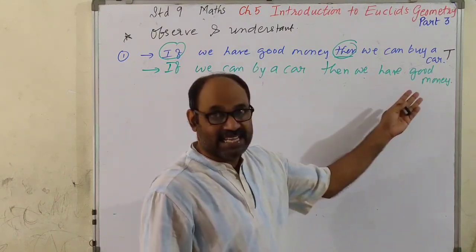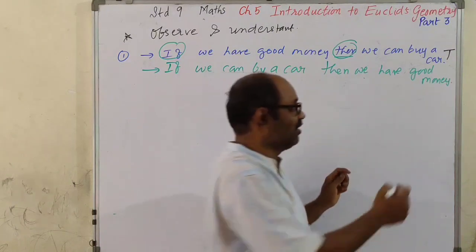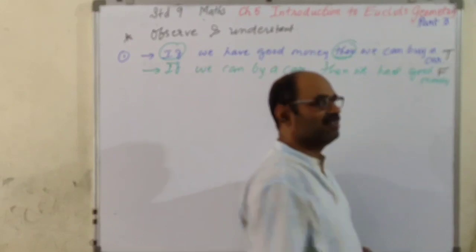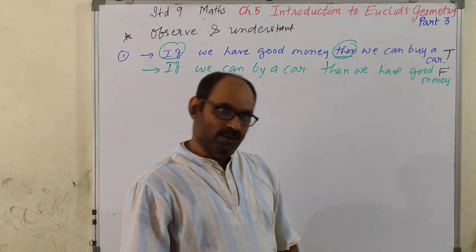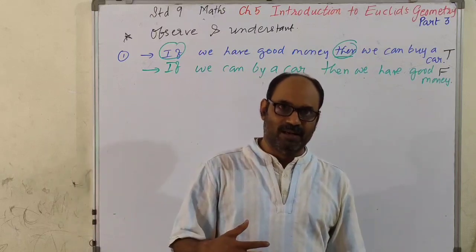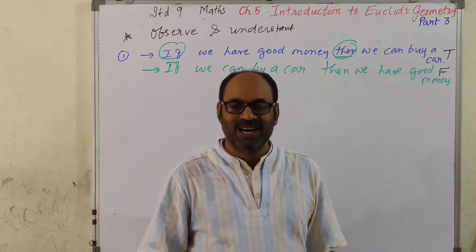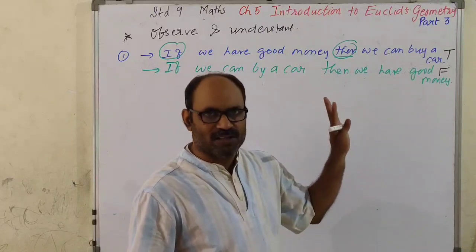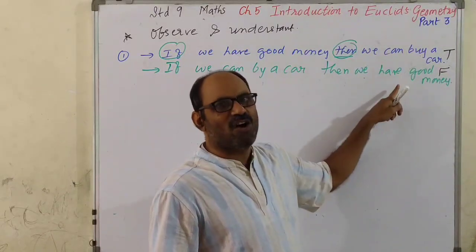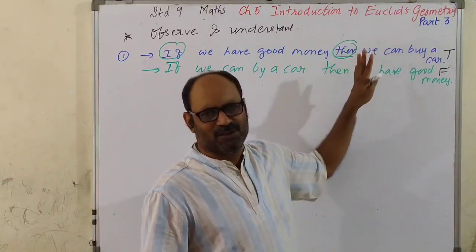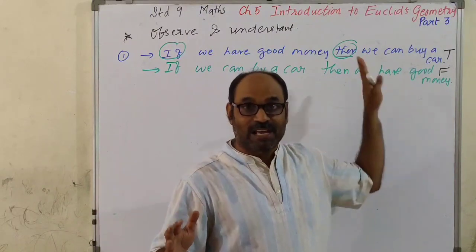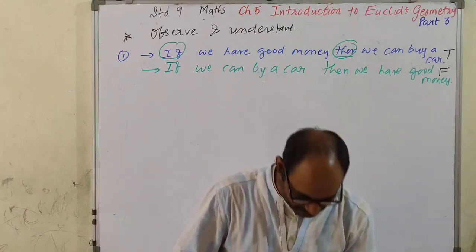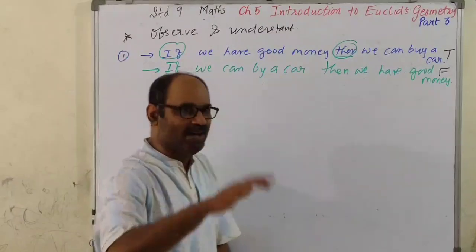We do not know exactly, but either true or false you can say. So I say this is false. Every time you are not going to get money. If you have a car, you are going to get good money? No, not every time. Okay, so I will say false. Well, the truthfulness or falsehoodness of these two statements are difficult to say. So actually these are not proper statements. Anyway, I have given the example.